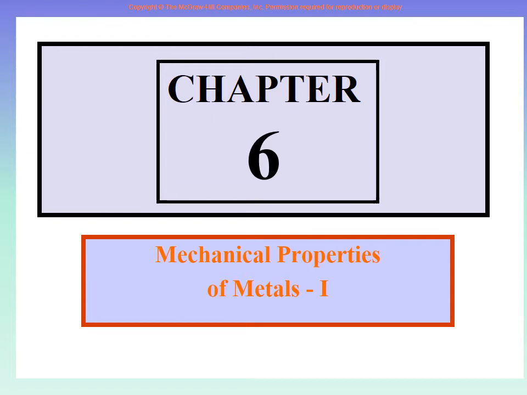We want to do properties of materials. But materials is a large, huge field. So as an example, we take only one class of materials. We told you last time, right? Metals and polymers and ceramics and so on. One class of materials.